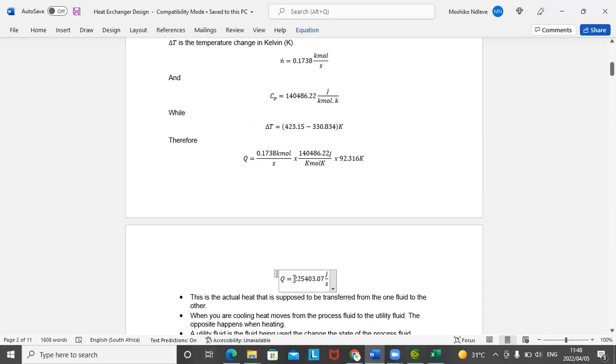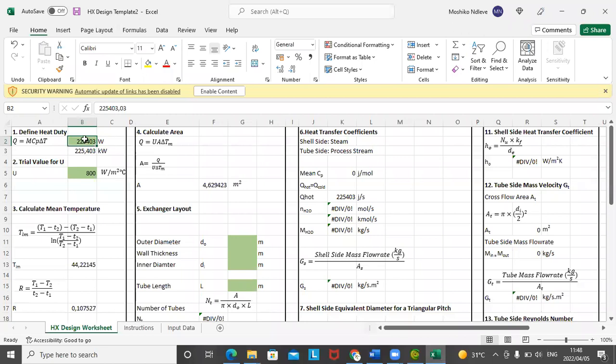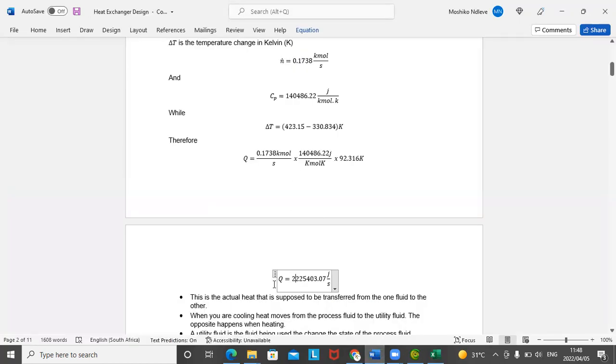There was a definite error here in terms of the value. This was actually supposed to be 2,254,034.07. And that gives us a starting value of 46.29 meters squared. So we can then go back and correct those values.